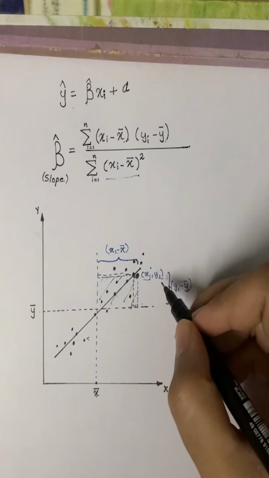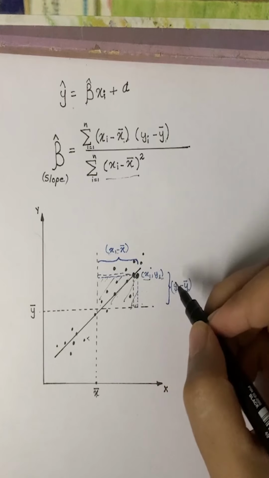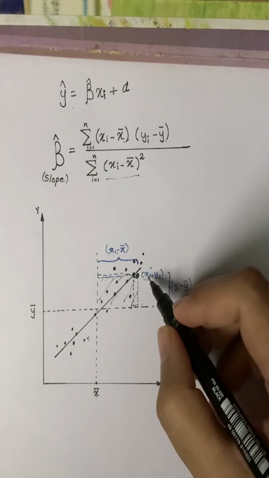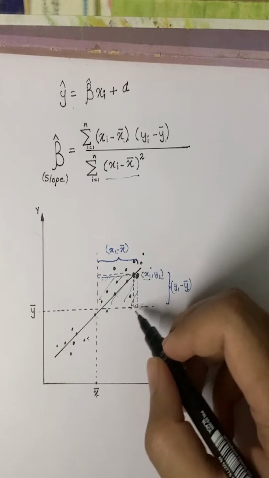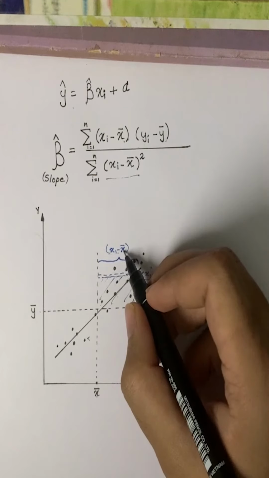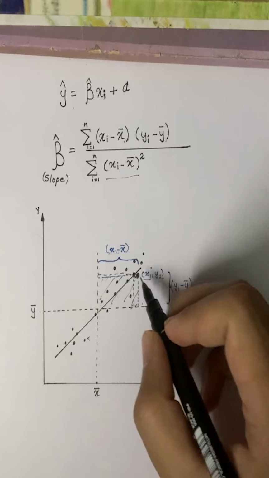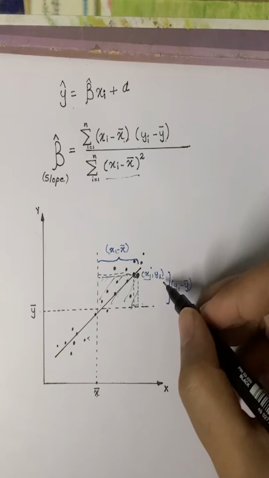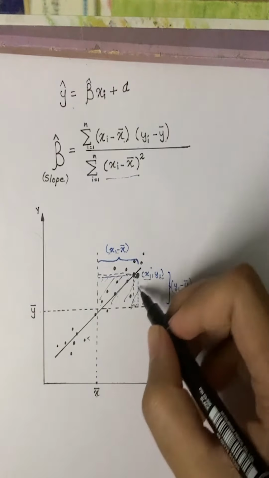So let's measure the distance of x1 y1 from the respective average values. The distance of x1 from x dash is x1 minus x dash, and similarly for y1 the value is y1 minus y dash, which is this one.